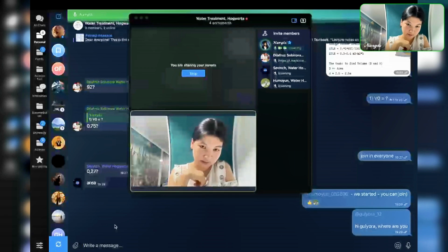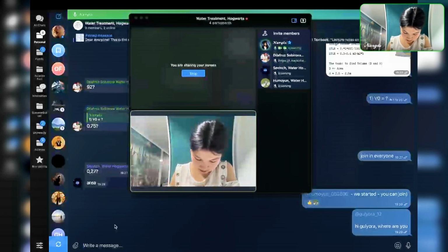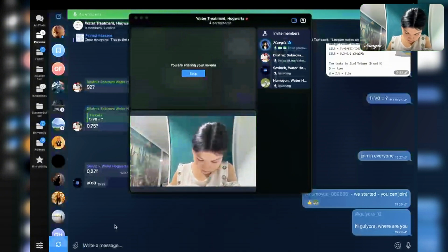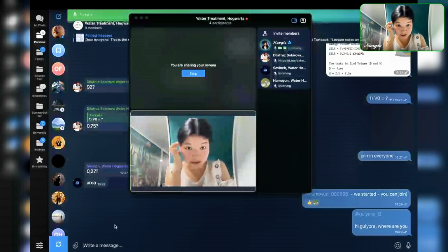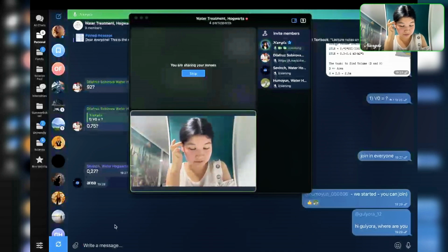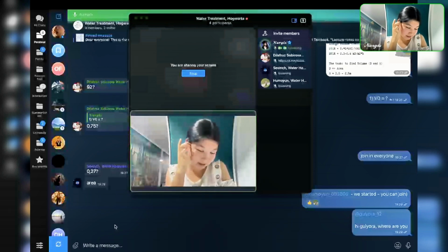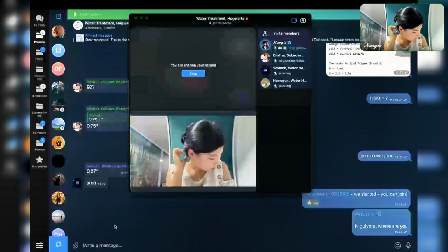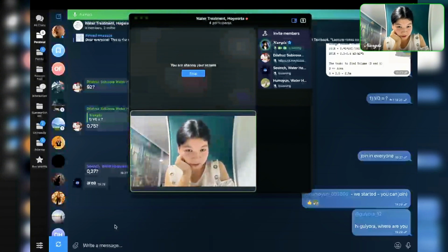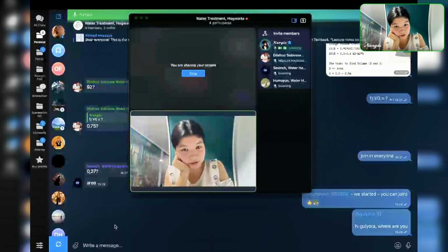You should multiply by 24, and then you should get about 18. If you divide 7,500 by 18, you will get the area. And from the area, you can calculate the radius, and from the radius, you can get the diameter.